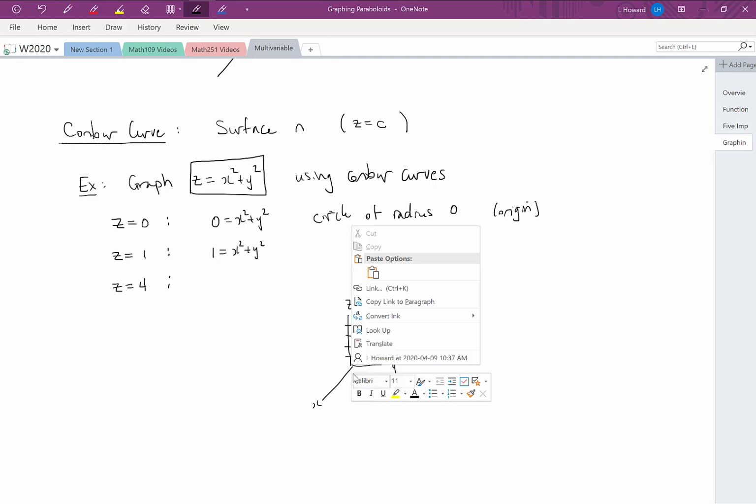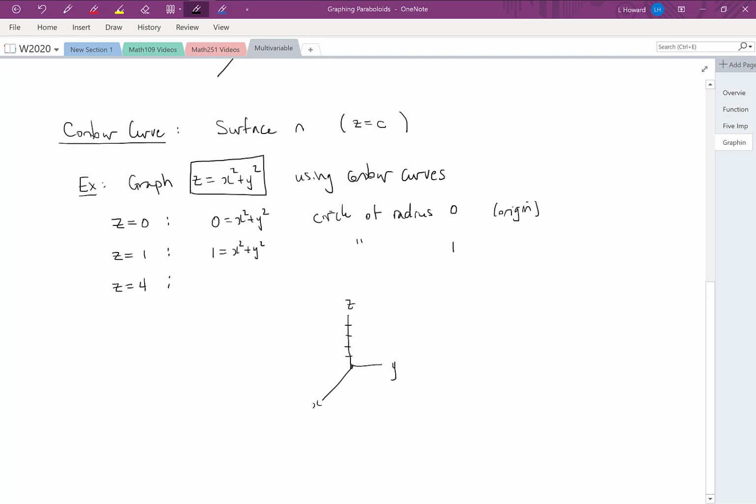So we're just getting that point x equals 0, y equals 0, at that level where z equals 0. Now, when z equal 1, we're getting a circle of radius 1. So let's identify where z equal 1 is. It's here. And imagine drawing a circle of radius 1 at that z level. So circle of radius 1 centered at the origin at that level of z.